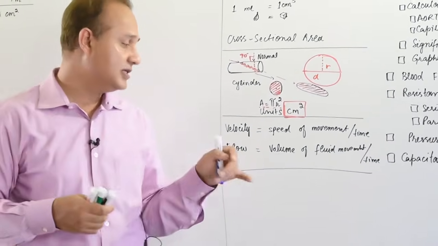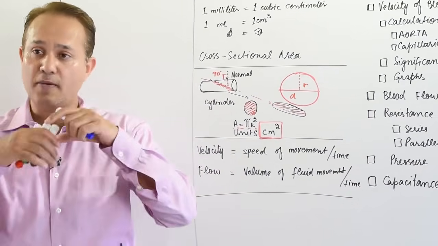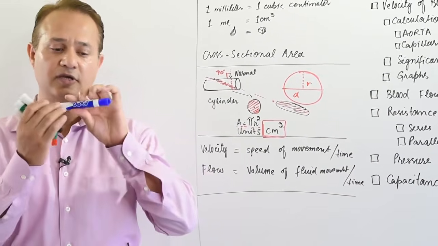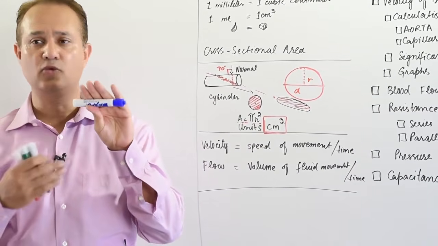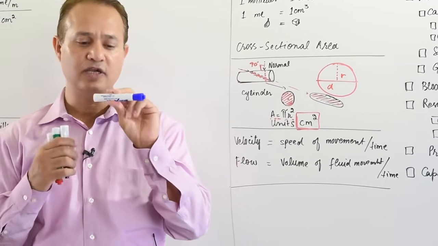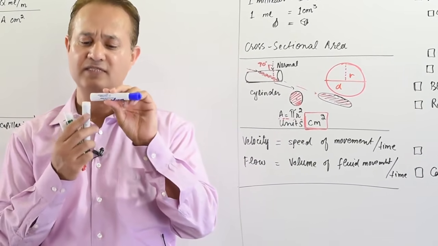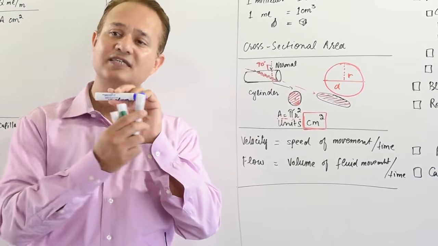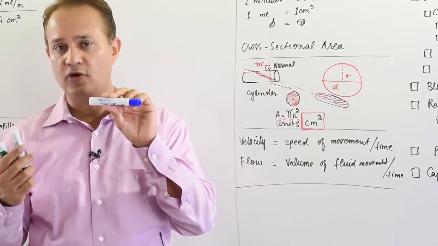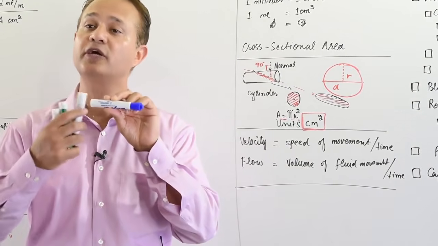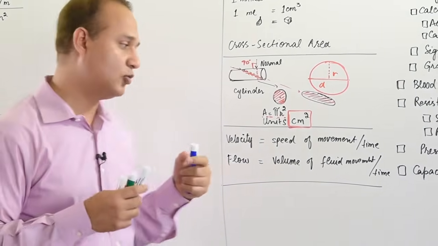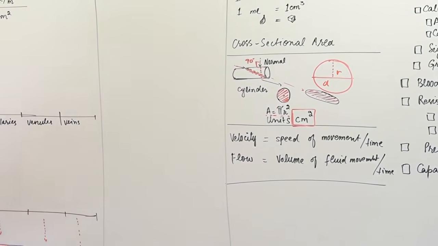What we mean by flow is how much fluid passed through a particular tube in unit time, say 1 minute. If we want to say velocity, then we mean what distance will be covered in a minute. If we are talking about flow, then we say how much fluid will move through this pipe in 1 minute.